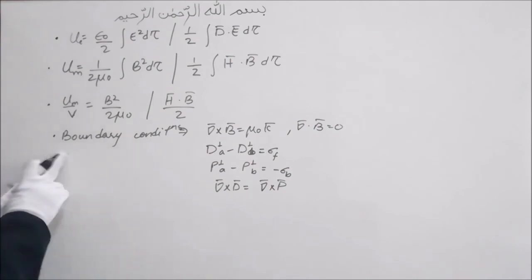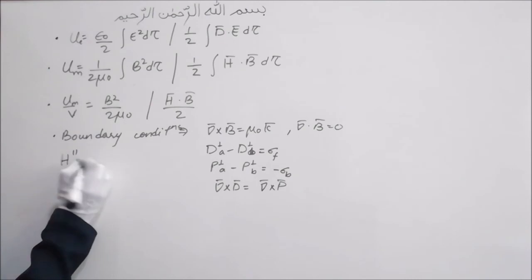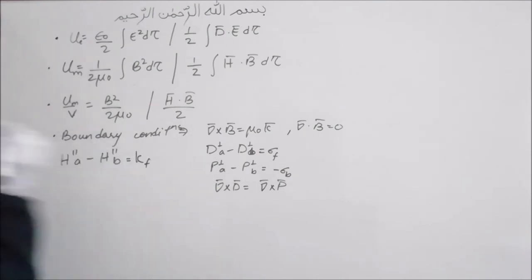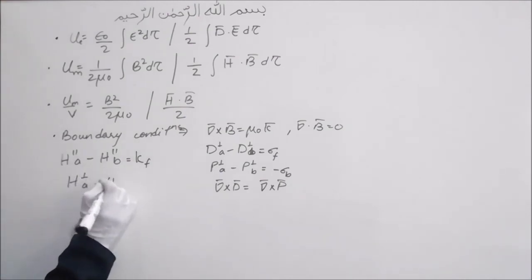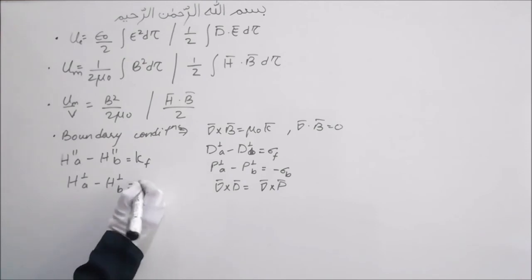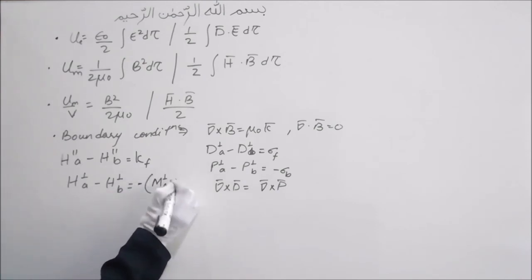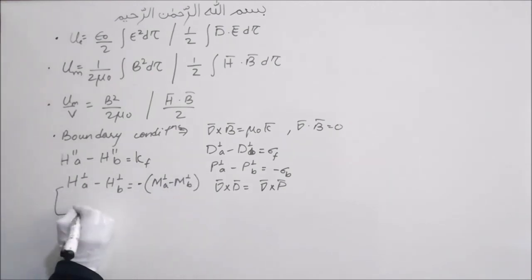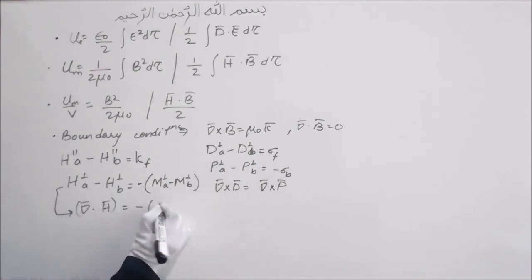Remember, right? Here we will have H parallel above minus H parallel below equal to K free, and H perpendicular above minus H perpendicular below will be equal to minus M perpendicular above minus M perpendicular below. This is nothing but del bar dot H bar is equal to minus del bar dot M bar.